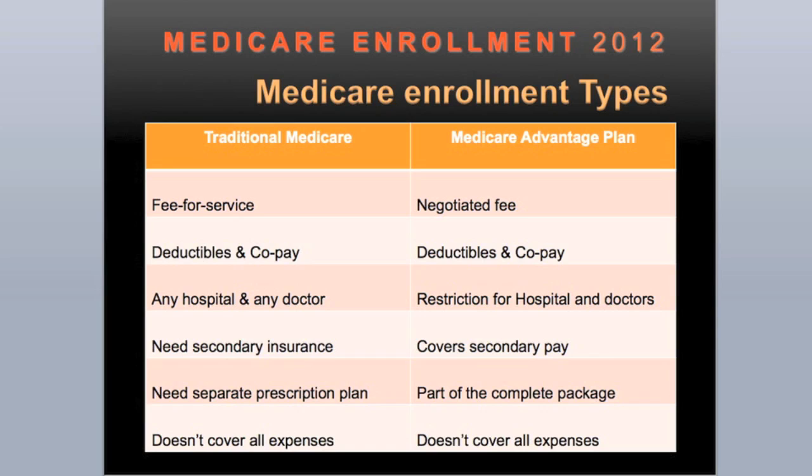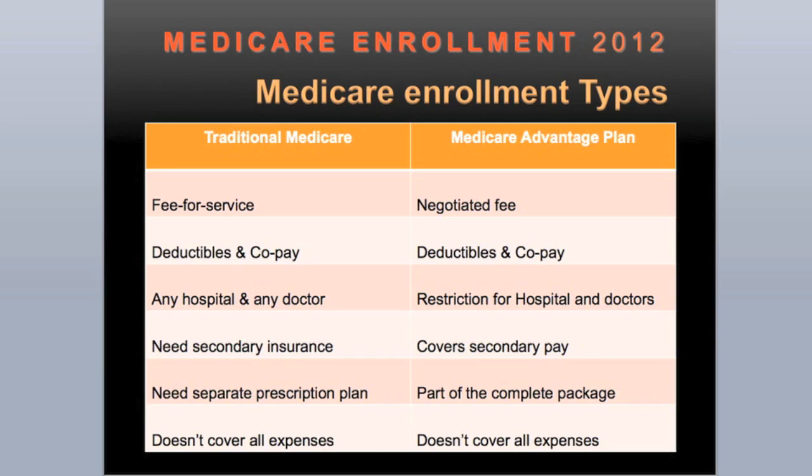Certain doctors who are not on the Medicare Advantage plan as preferred providers may be out of network, and it may cost you more money to get services from doctors who are out of network.